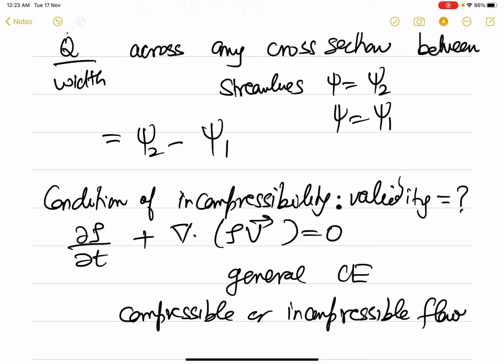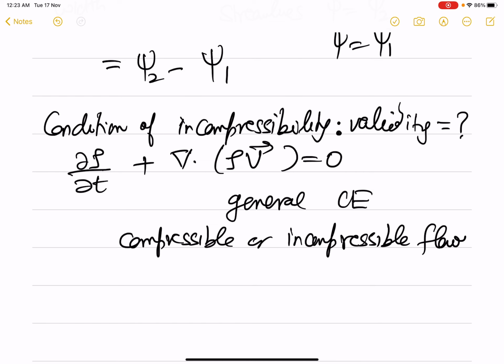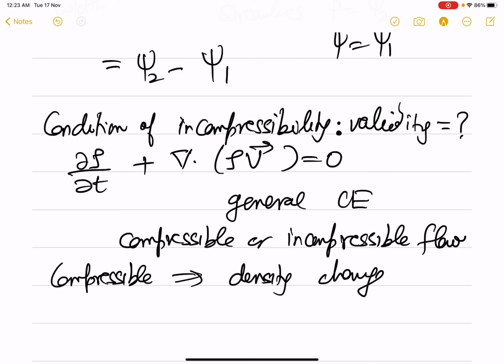Now physically, which type of flows will be compressible? Compressible implies that the density in the flow changes. Now density could change either because of a change in pressure or a change in temperature.